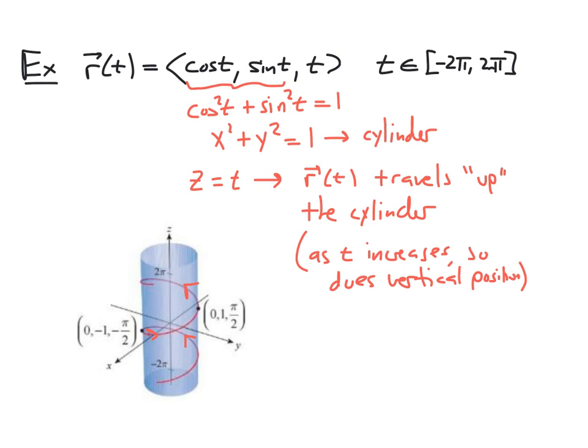We might also ask at a particular point in time, say when t is equal to pi over 3, how fast and in which direction is the object moving? Right? And this is a derivative question. So we can bring in all of those techniques that we've learned in calculus before, limits, continuity, derivatives, integrals, in order to answer analogous questions about space curves in 3 space given by vector functions.